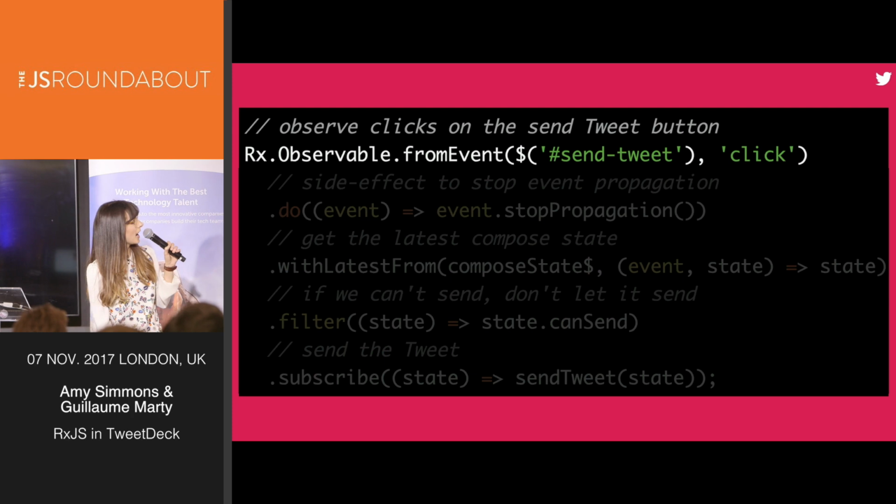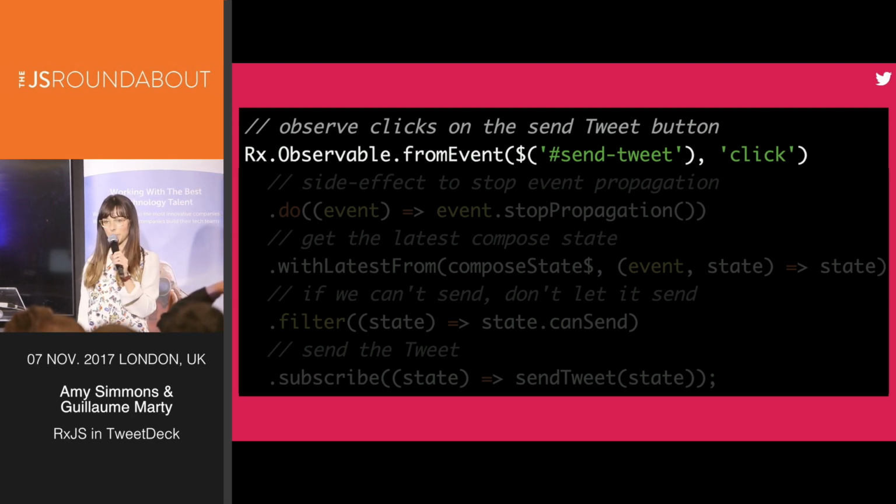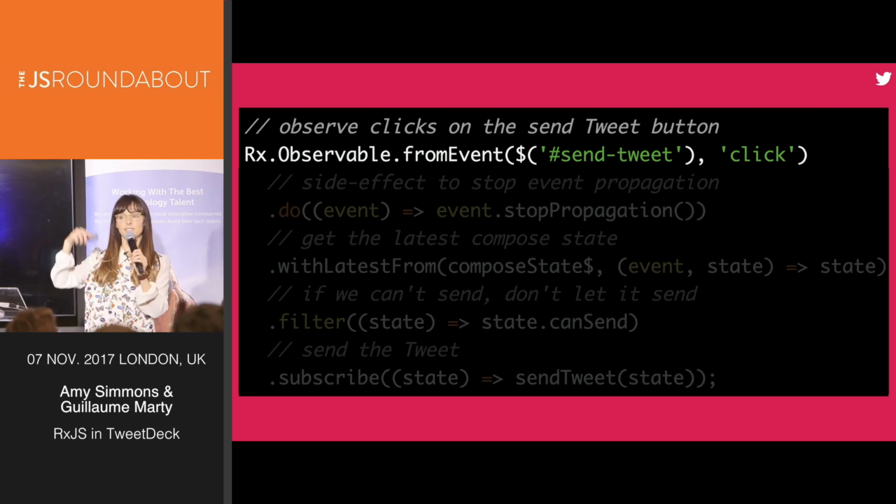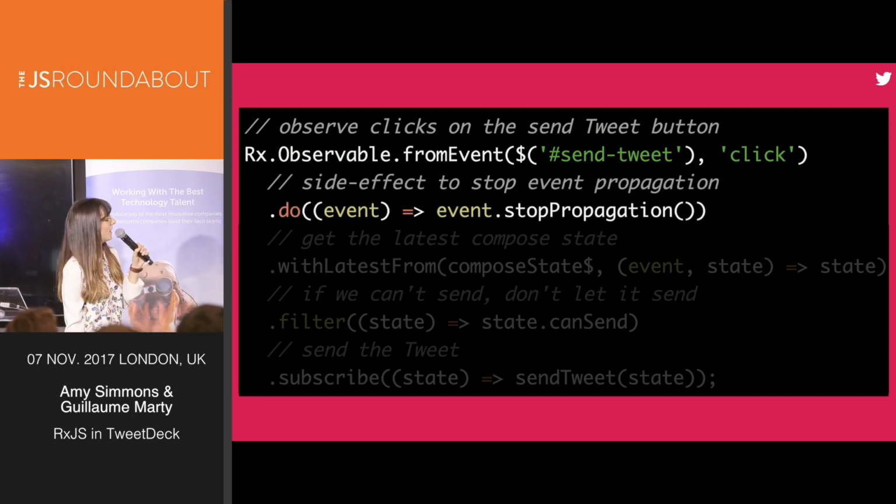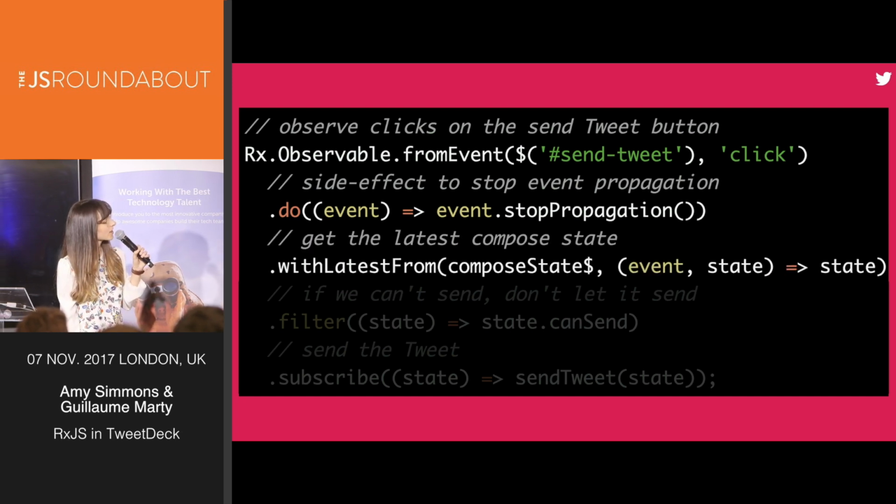We start by creating an observable from the clicks on that send tweet button. If we were to look at the observable at this point, all we've got coming into our stream is, every time a user clicks on that tweet button, the event coming through the stream. Then we want to perform a side effect to stop the event from bubbling up the DOM.